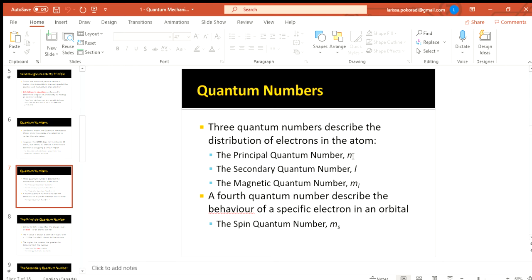After we have our principal quantum number, those can be separated more into secondary quantum numbers, which the font doesn't do justice, but that's like a lowercase l. Then we have the magnetic quantum number, which is an m with a subscript lowercase l. And then just to tie it all up, we have something called the spin quantum number. So that's obviously a lowercase s at least.